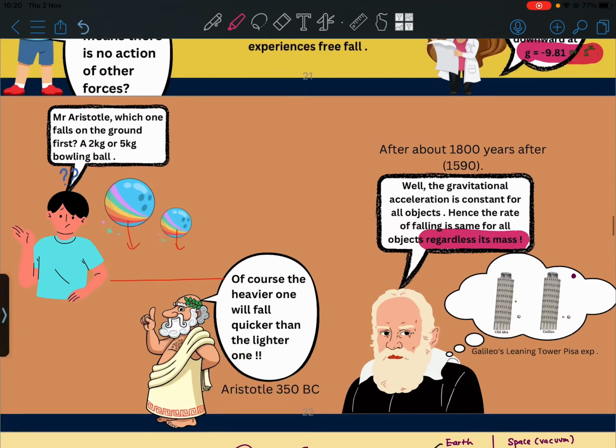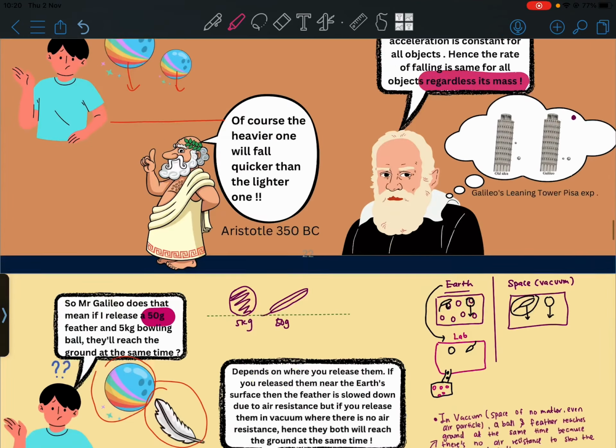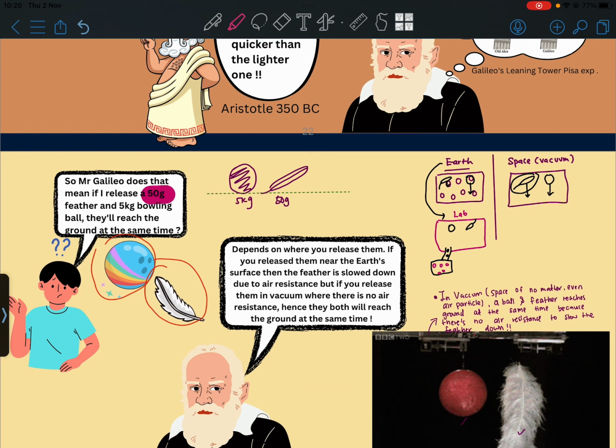Okay, so remember I told you about the air resistance. The feather will experience more air resistance because of its shape, the aerodynamic shape, which will experience more resistance from the air as it collides with the air particles.